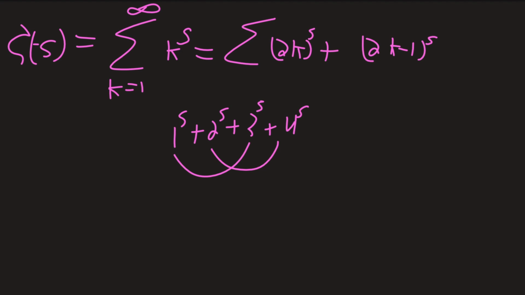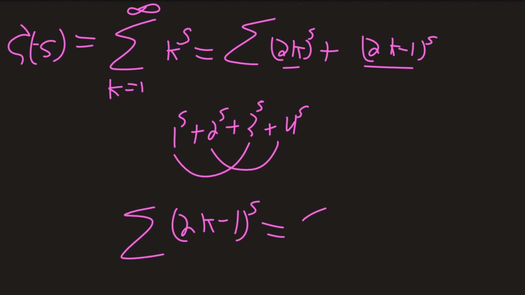Based off of this, all we have to do is subtract that from both sides. So this tells us that our sum of 2k minus 1 to the s is just equal to the sum of k to the s minus 2k, and that's all to the s.